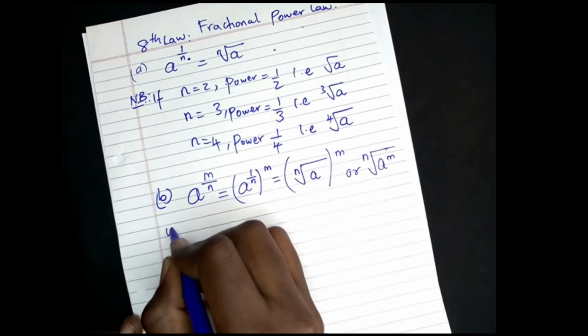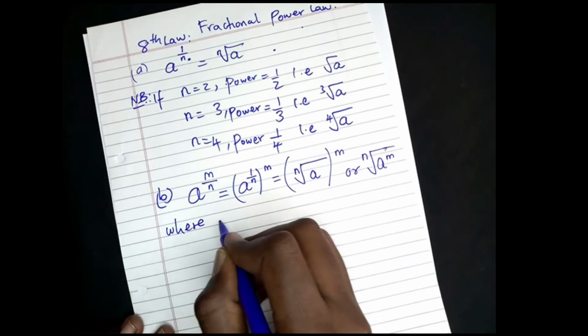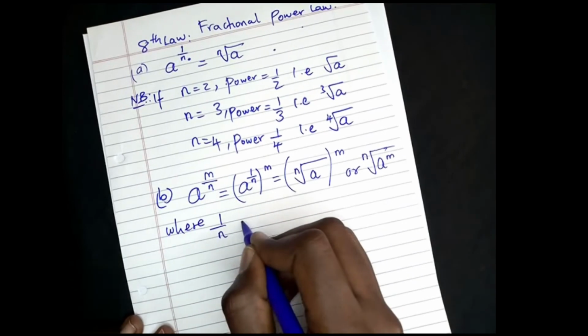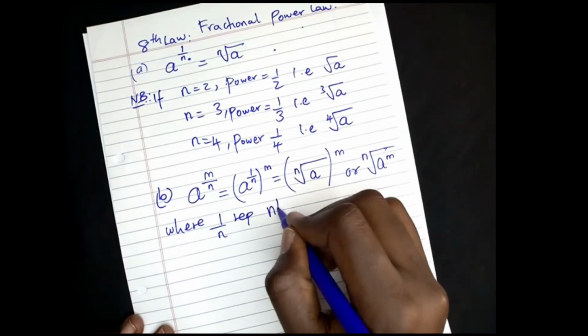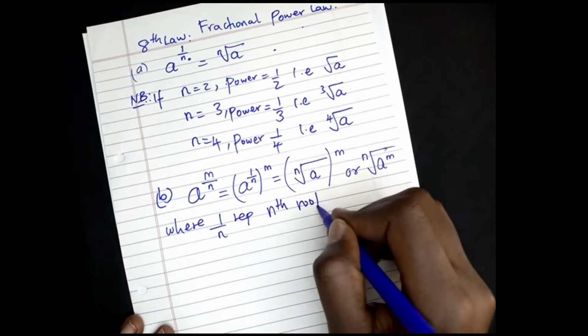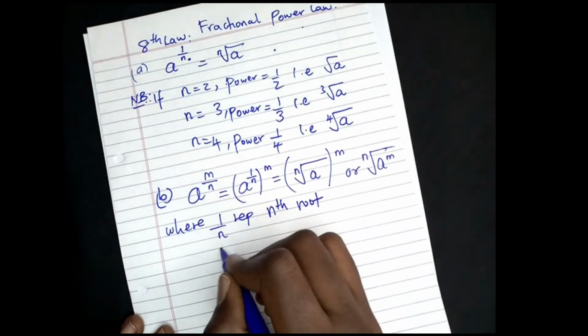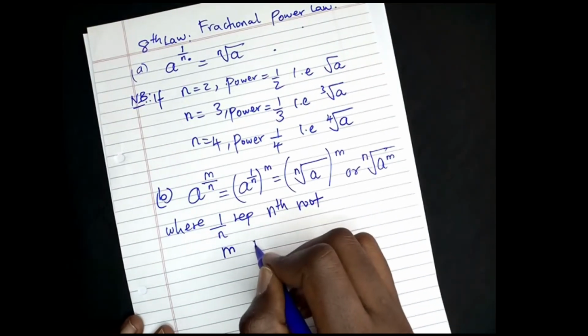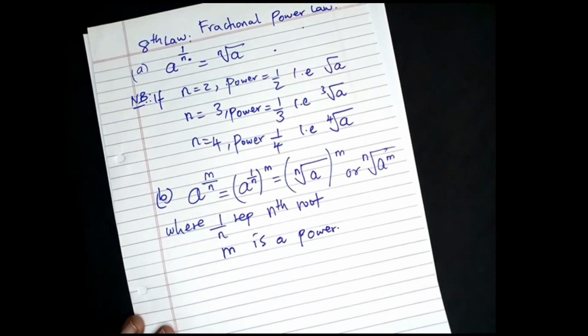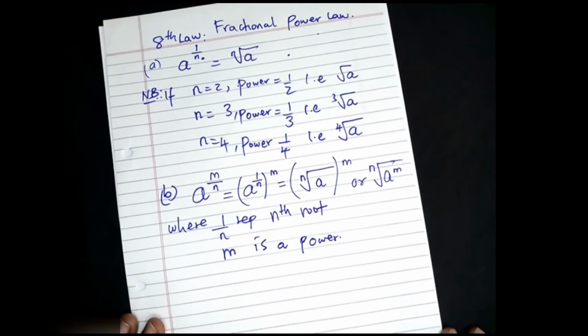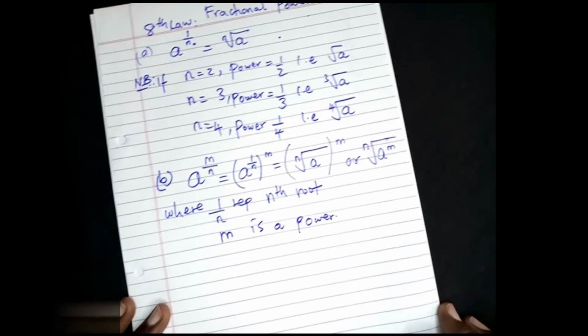We are saying where 1 over n represents the nth root and m is a power. I hope we are together up to that particular point.